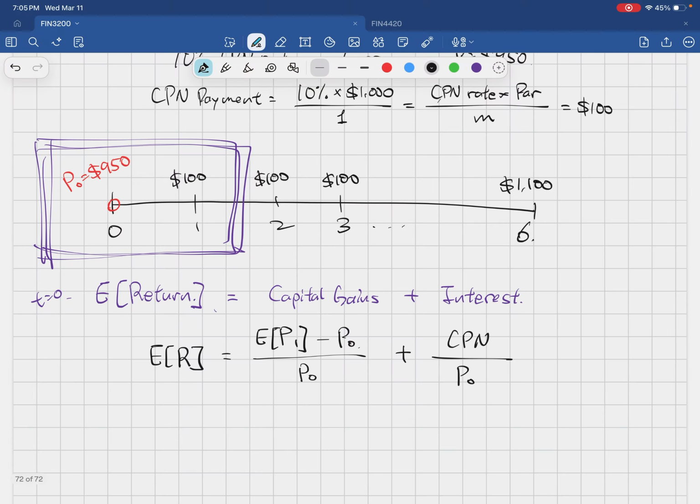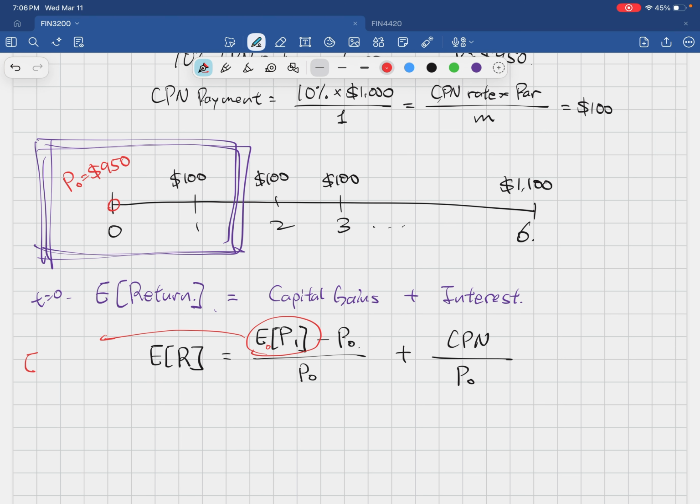A key point here is the term, the expected price of the bond in time 1 at time 0. If we're using all information available at time 0 to predict the price at time 1, the best guess is basically the current price.